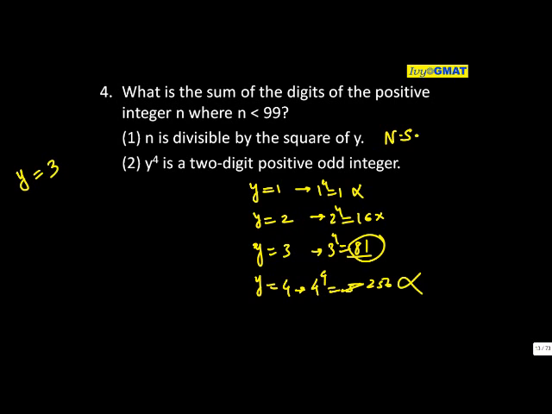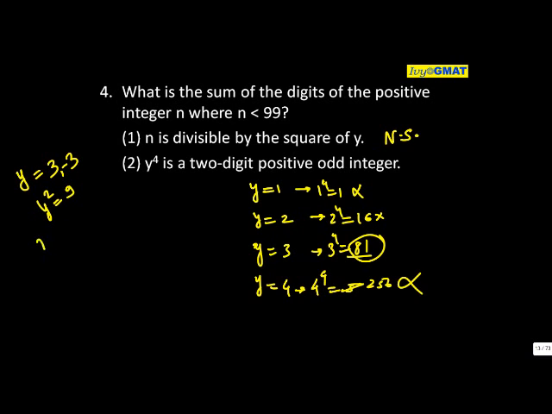Is y equal to 3, or is minus 3 also possible? Can it be minus 3 also? Yes or no? Minus 3 to the power 4 will still be 81. So first statement is not enough, second alone is not enough. Then you are told n is divisible by the square of y. What will be y square in any case? 9.